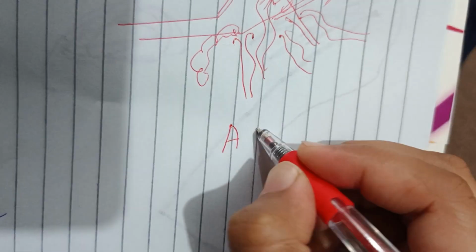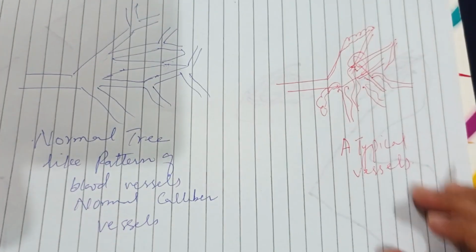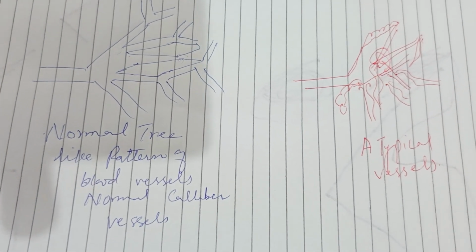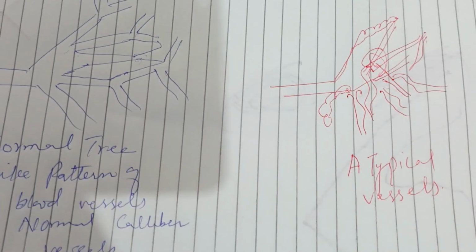This will appear in the precancerous or cancerous stage of the cervix. These vessels are atypical vessels seen in malignancy or pre-malignant stage. They are seen on colposcopy with a green filter.